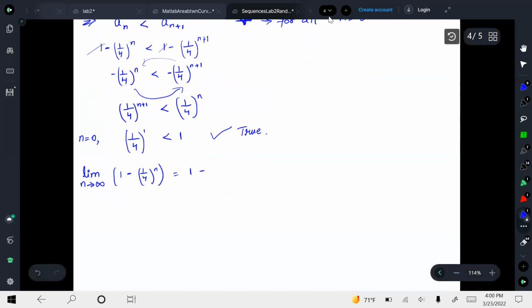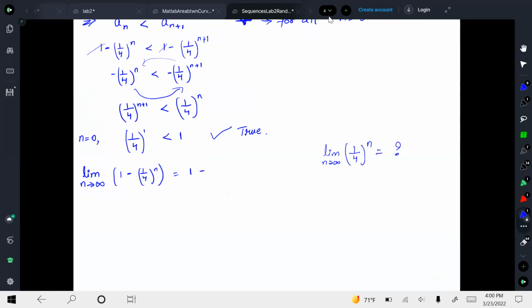Now what is the limit as n tends to infinity of 1 by 4 to the power of n? Just try plugging in different n values. Start from 0, okay? And see whether the sequence is increasing or decreasing, and you will get the answer.